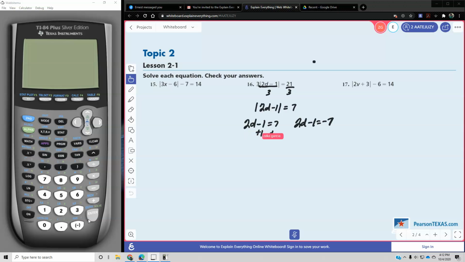You have to add 1 to both sides. So it's 2d equals negative 6, and 2d equals 8. Divide by 2. So d equals 4. And over here you divide by 2. So d equals negative 3.